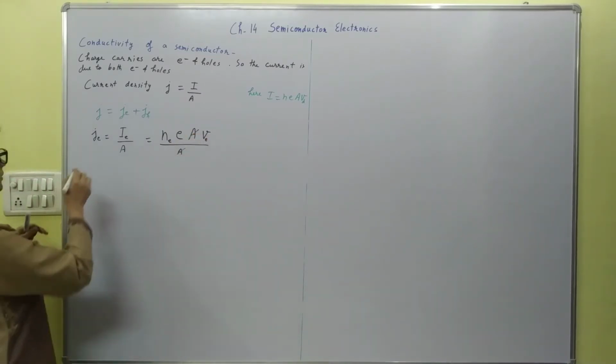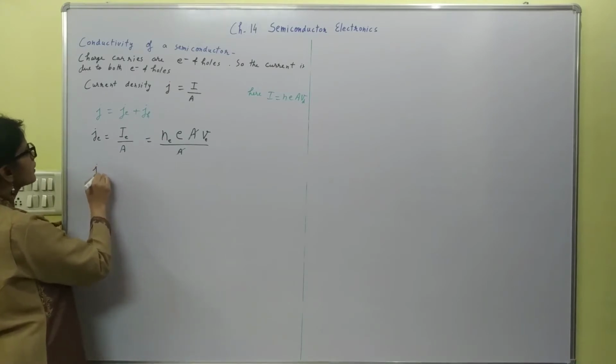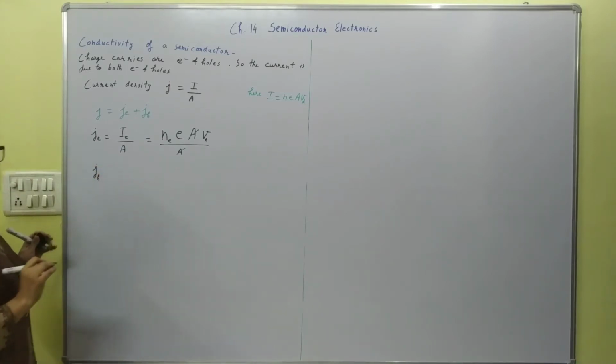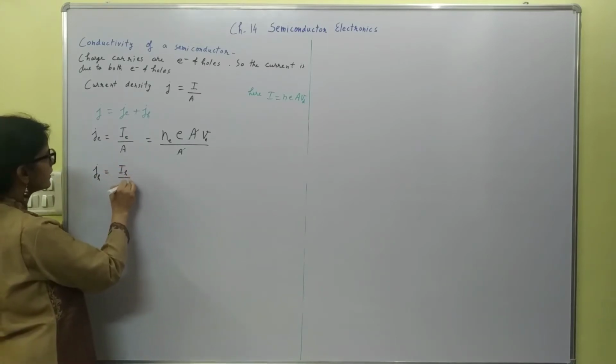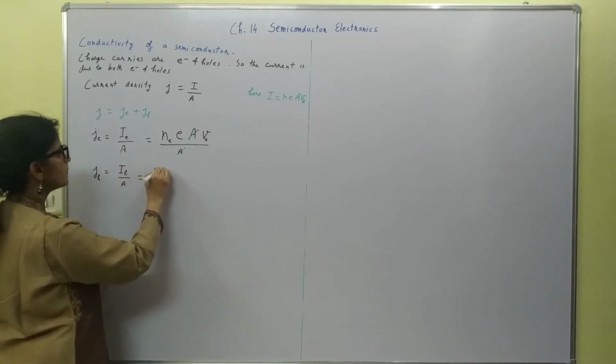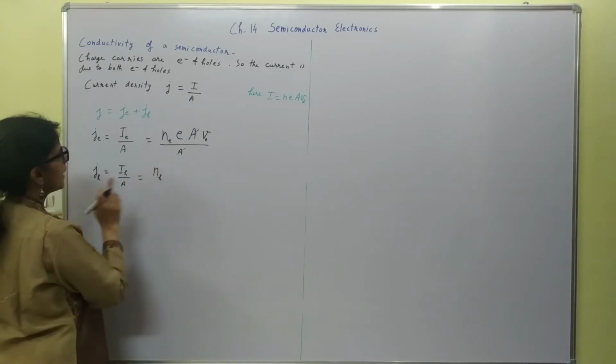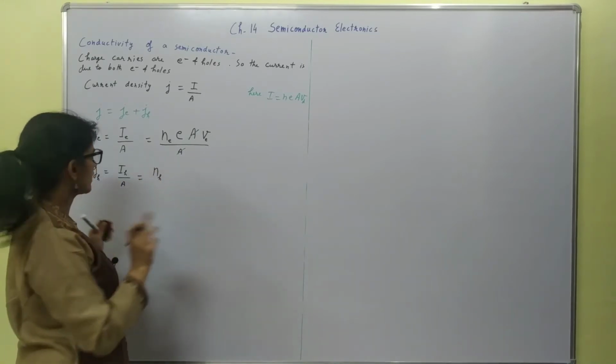NeVe. Similarly, current density for holes can be written as current due to holes upon area. So that means number density of holes, and the charge on holes is the same as the charge on electron.